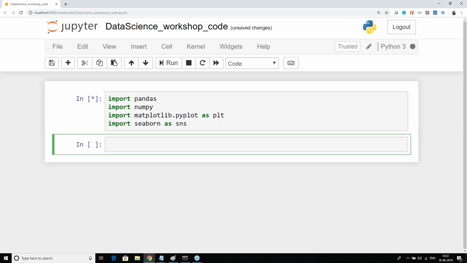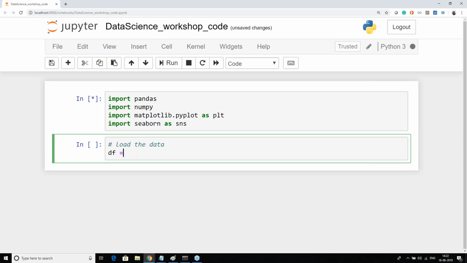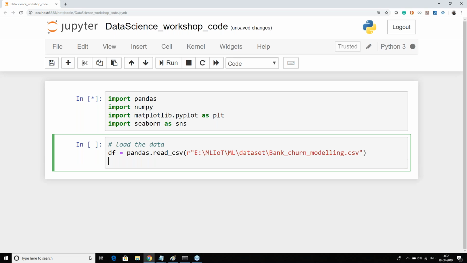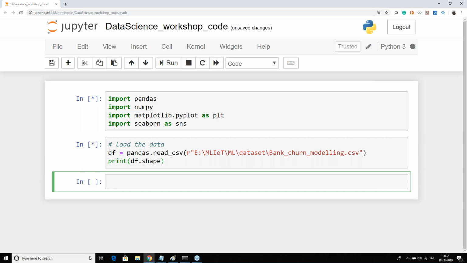These are the packages we're going to use. First thing we're going to do is load the data as df equals pandas.read_csv. Pandas is widely used for data import and export, and also for cleaning and manipulation. Here we're doing import. We'll print df.shape to check how many rows and columns we were able to load.